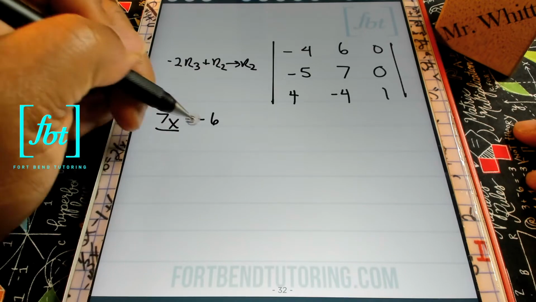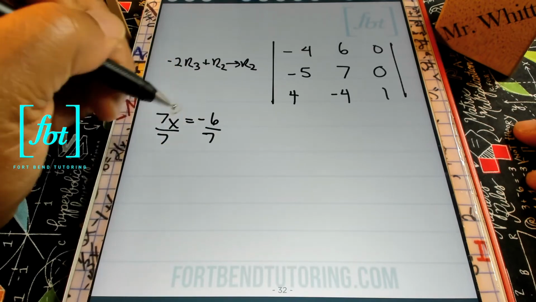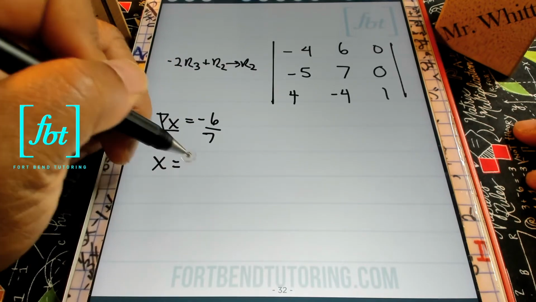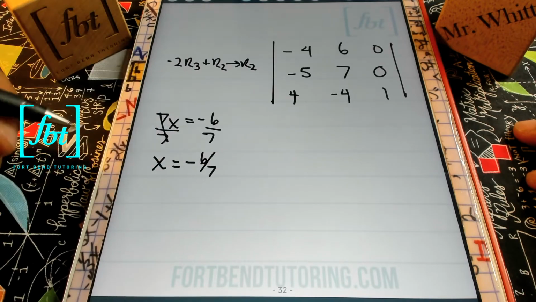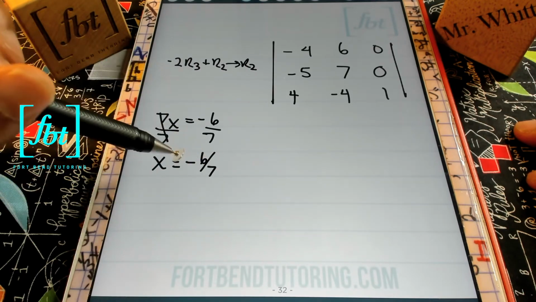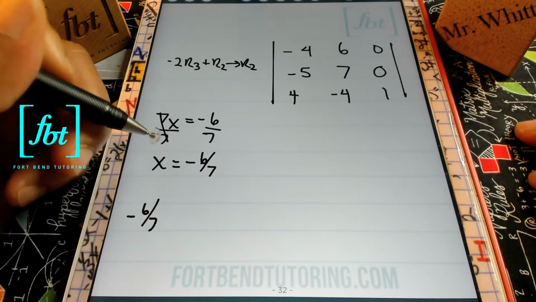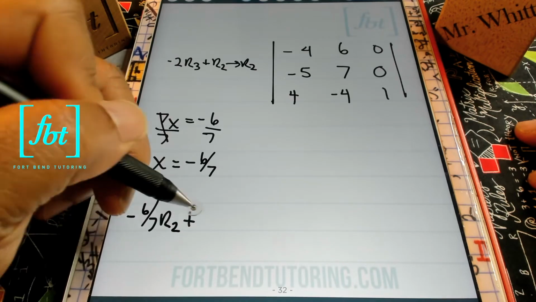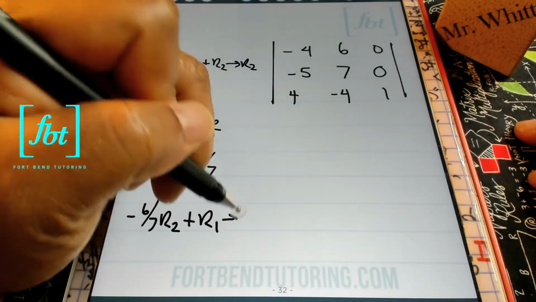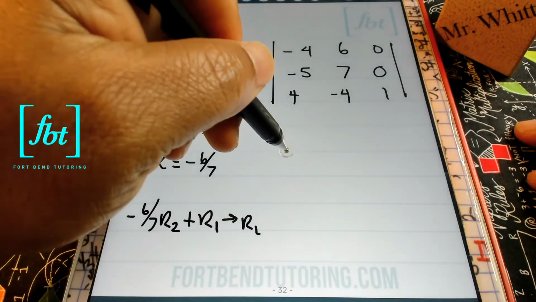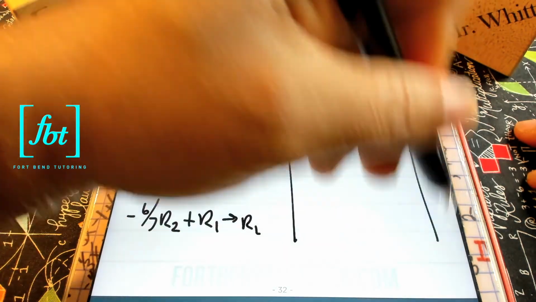If you solve for x in this case, you'll divide both sides by 7 to find out that the value that you need to multiply by is negative 6/7. Once again, algebra helping me out when I need it. So therefore, my new operation will be negative 6/7 row 2 plus row 1, putting the result in row 1, guys. That's what I want to do right now.